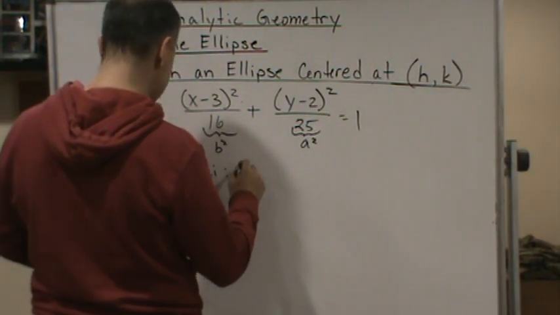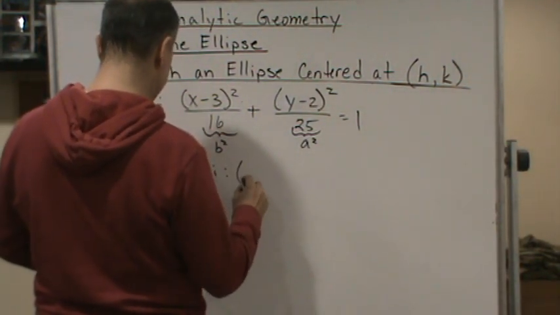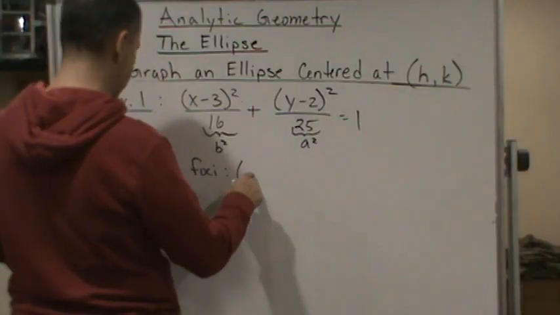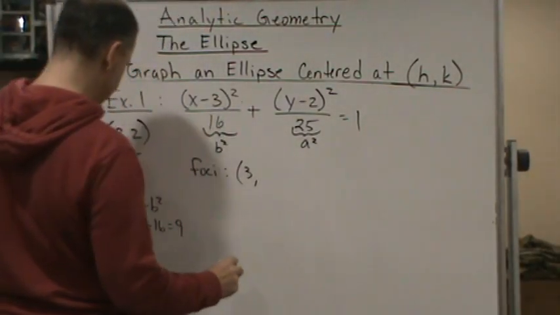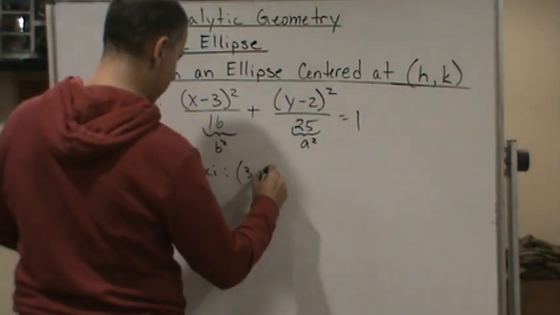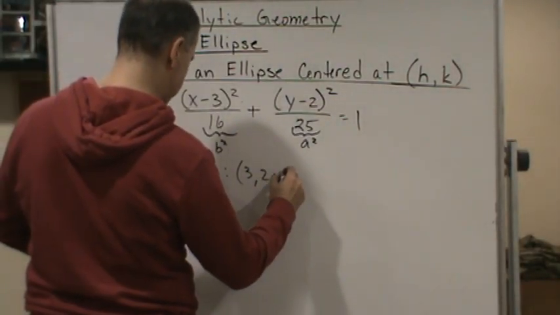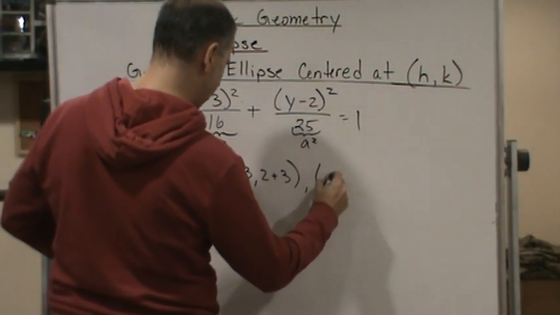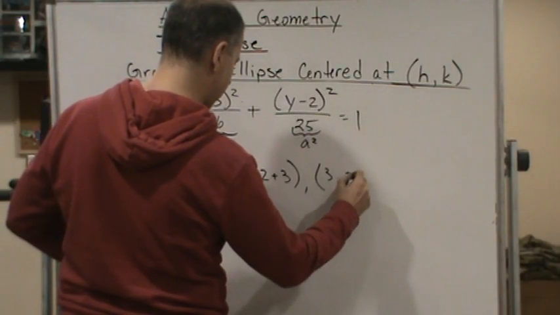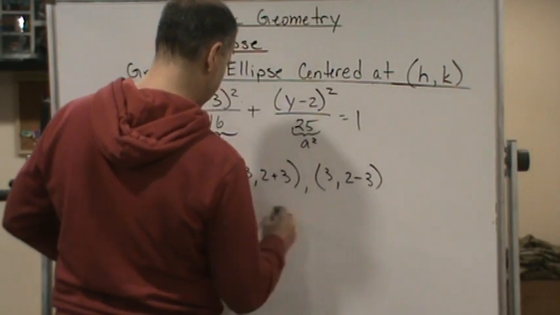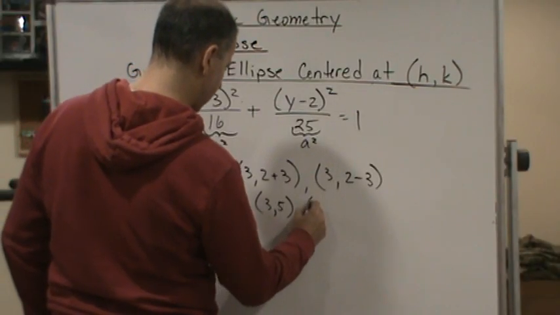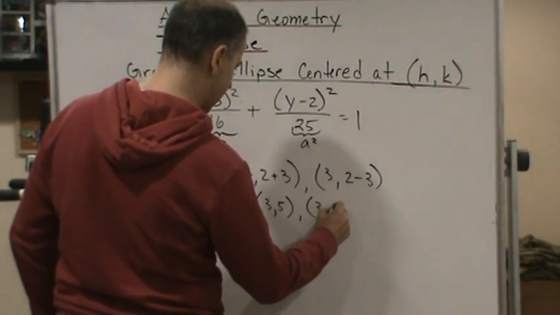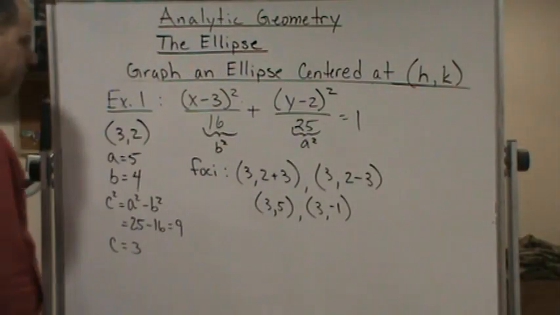So our foci are going to be 3, and then 2 plus 3, and 3 comma 2 minus 3, and so that's going to give us 3 comma 5 and 3 comma -1.